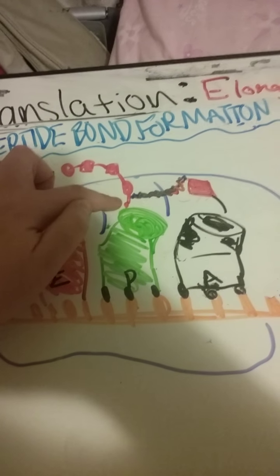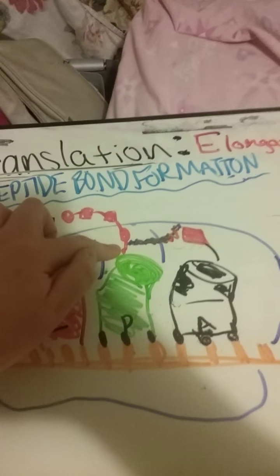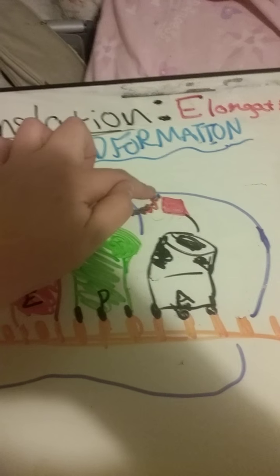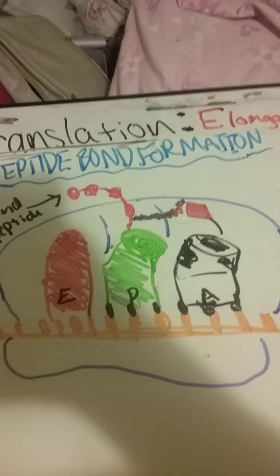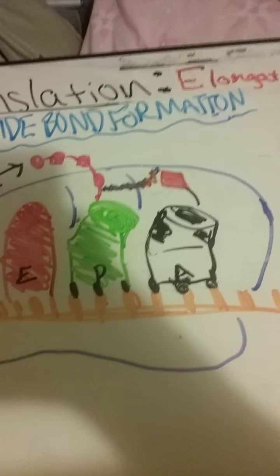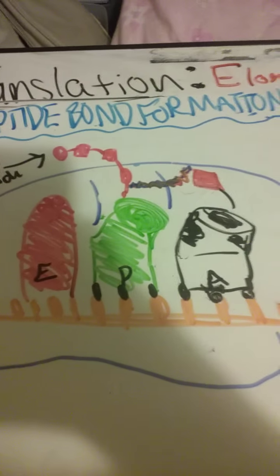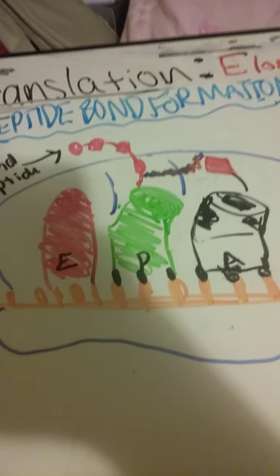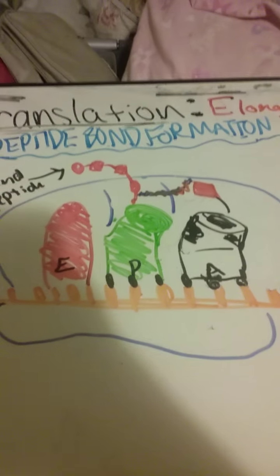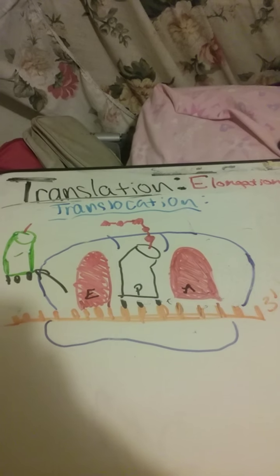So the end of the peptide chain will break off and attach to the end of the new amino acid that came in through the A site, and the chain will be transferred through peptide bonds. This is all done with the help of the large ribosomal subunit, which catalyzes the bonds.